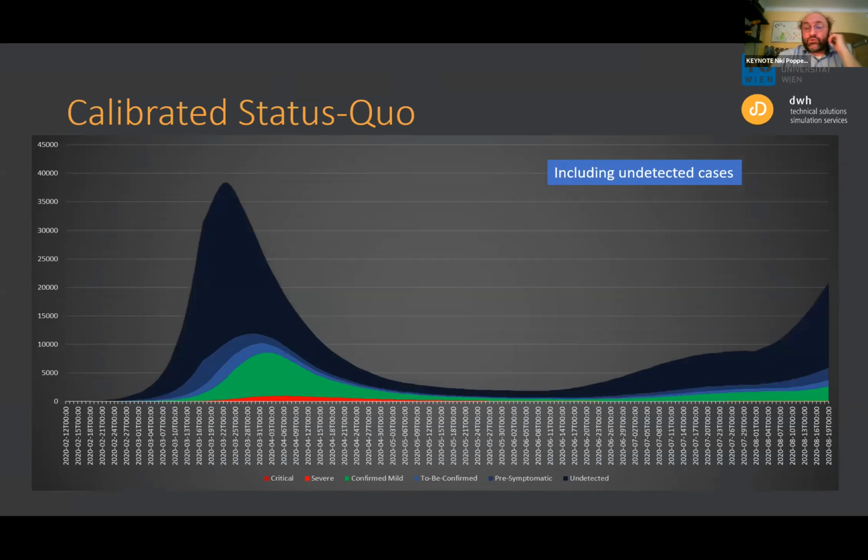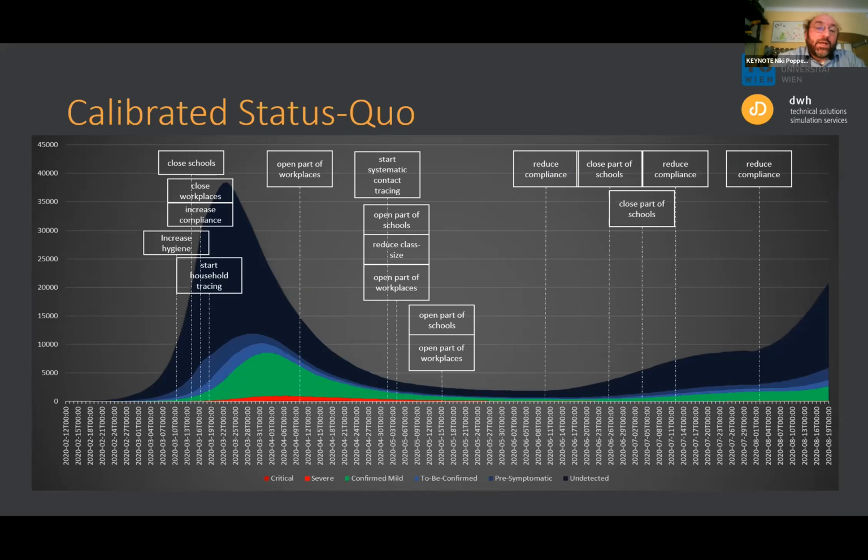And of course, at this moment, we are also producing additional dynamic information in this agent-based model. For example, the to-be-confirmed cases, the presymptomatic cases, or the undetected cases. So that's the starting point of our model where it becomes interesting. And of course, then we have to set all the given interventions and measures and policies at any given point which happened in the history.